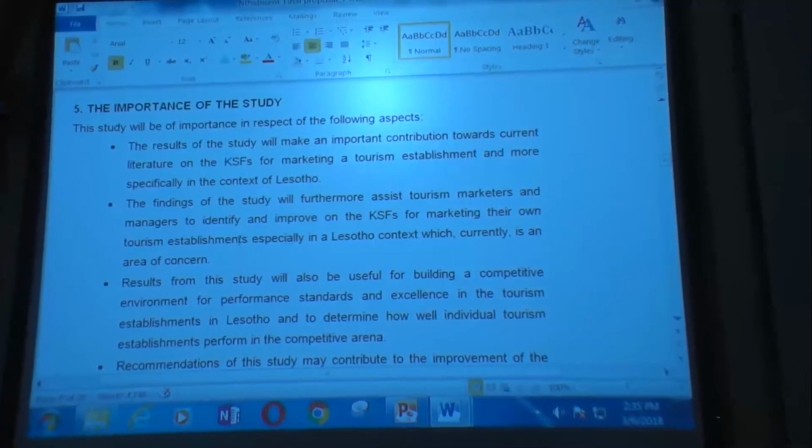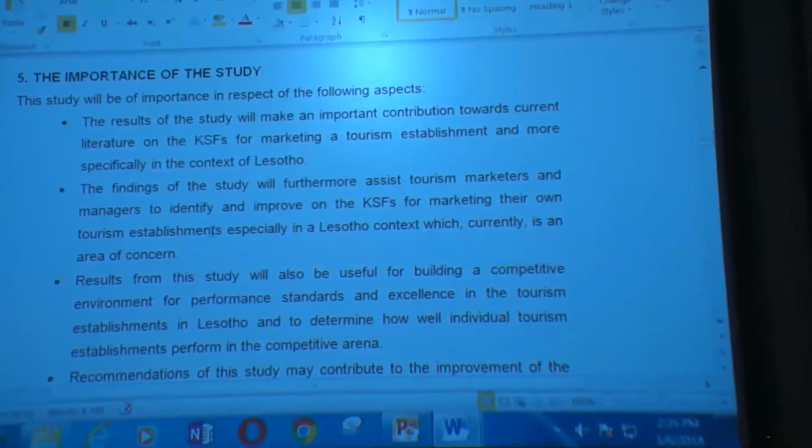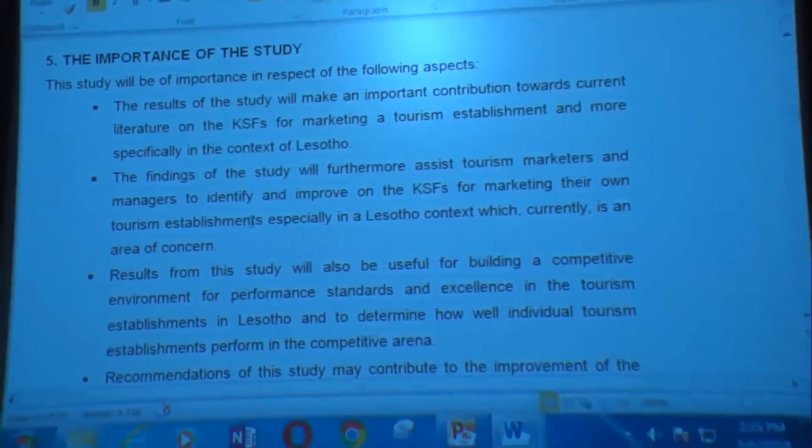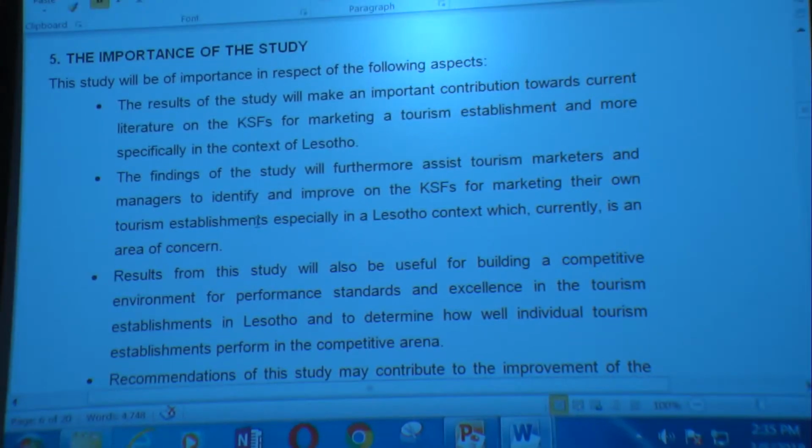If we go back to this example, she bulleted the importance of the study, and this is practical importance. This study will be of importance in terms of the following. The results. What will you use the results for? This study's results will be used to make an important contribution towards current literature, so it's contributing to the knowledge of your topic. The findings will assist tourism marketers to identify and improve key success factors.